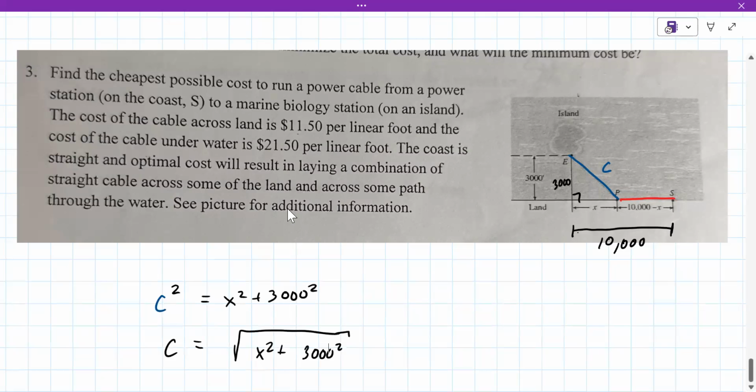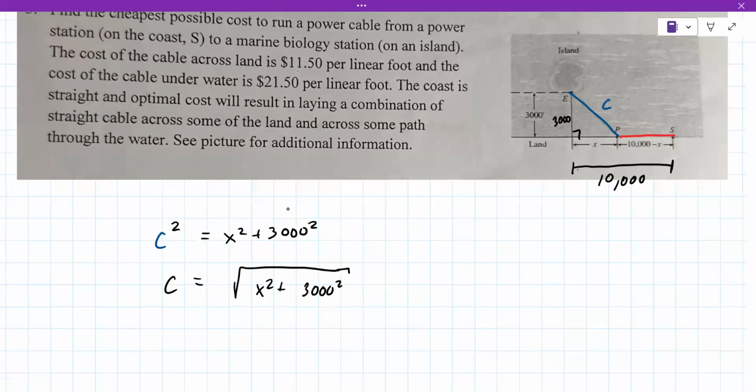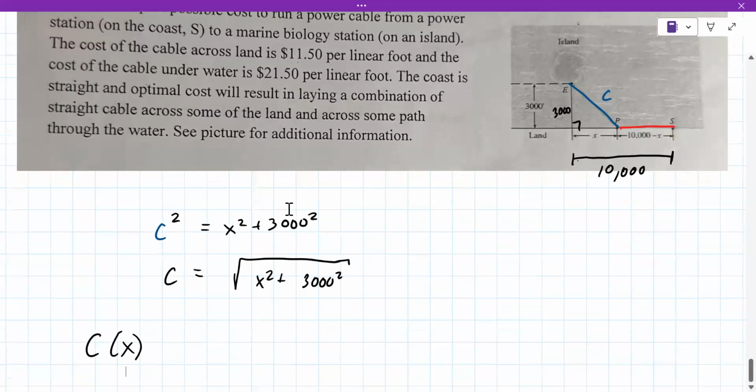So the cost function is the cost to run it on land, the price on land times the length of land, plus the price on the water times the water length. We're going to substitute numbers in, but it's the price to go on the red and the price to go on the blue.